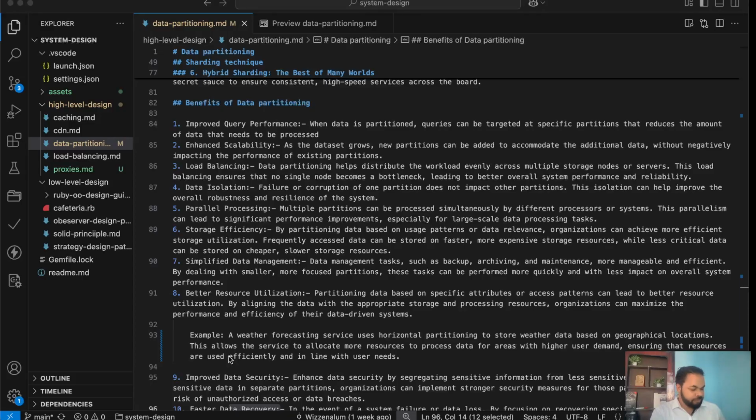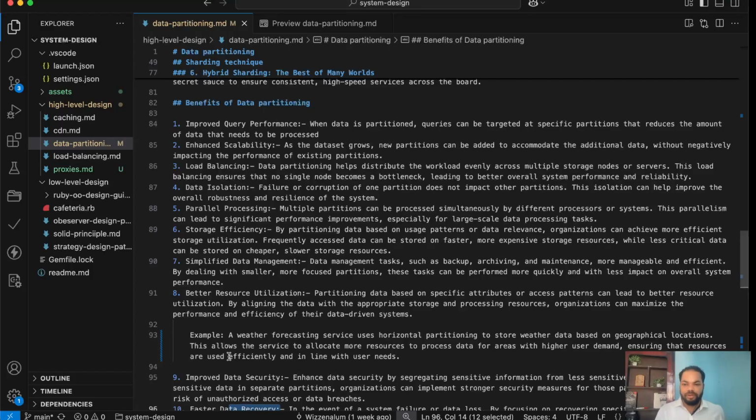And then you have storage efficiency. In a similar way, because you can process the data faster, it improves the efficiency of the storage.